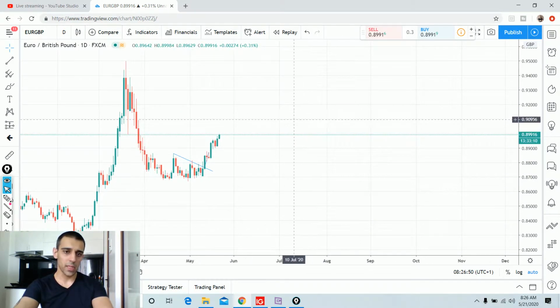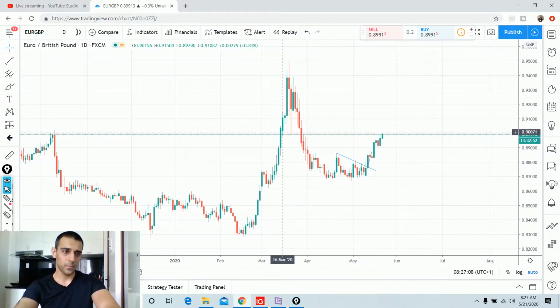If you follow my trades, you know that I'm sitting on the swing trades. So this Euro against British pounds as well as the USD Japanese yen, I'm sitting on both of the trades towards long. This one I got into down to this level, and it's still going up.